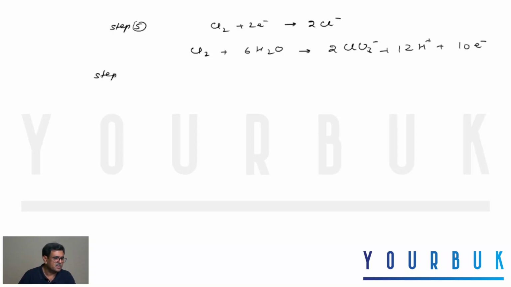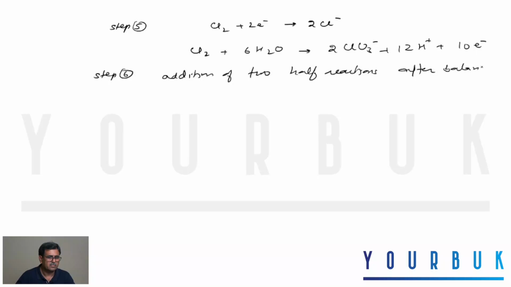Now step number 6 is addition of the 2 half reactions after balancing the electrons. So we are multiplying the first equation by 5 and then adding the 2 half reactions.